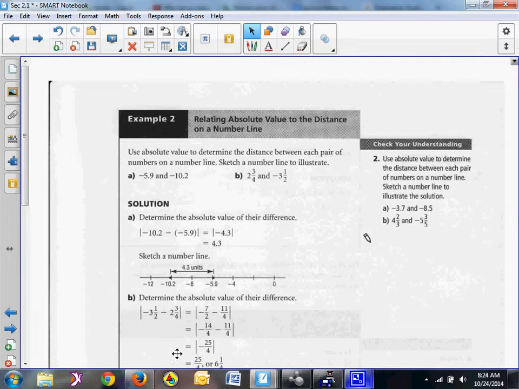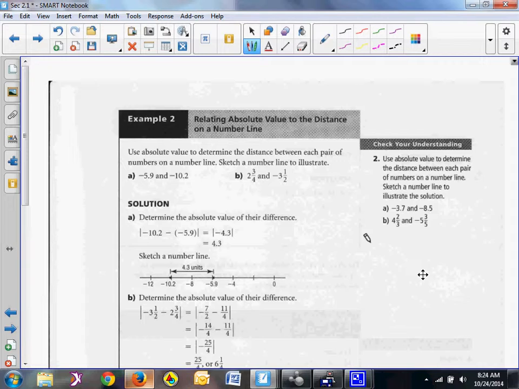So we're going to look at example 2 here, and we will have enough room to do this on our page, so I don't need to flip to another page. What number 2 asks us to do is to use the absolute value to determine the distance between each pair of numbers on the number line. And then it says to sketch a number line to show the solution.